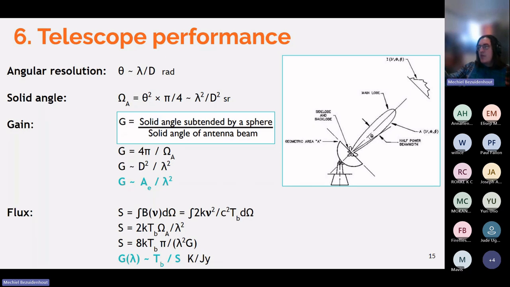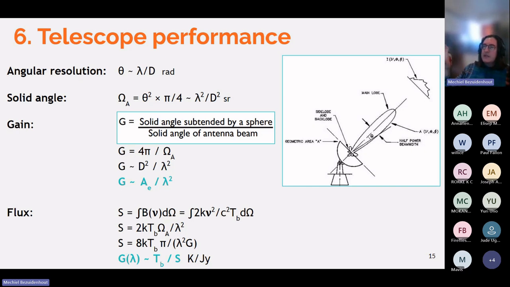And that main lobe has an angular resolution proportional to the wavelength that you're observing divided by the diameter of the dish. So at longer wavelengths, the beam will be larger. At shorter wavelengths, at higher frequencies, the beams get smaller. And if you build a telescope with a bigger diameter, a larger dish, the angular resolution gets finer as well.